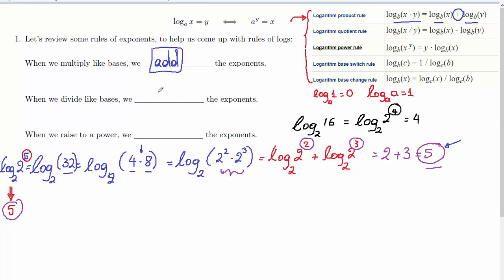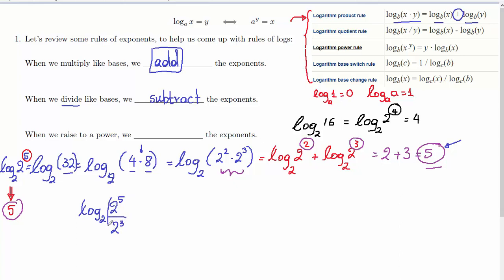On the other side, we have another property that says if we divide now like bases, we subtract the exponents. Basically what we do is that we take the exponent of the numerator and we subtract the exponent of the denominator. Okay, let's see. Log with base 2 of 2 to the 5th divided by 2 to the 3rd.